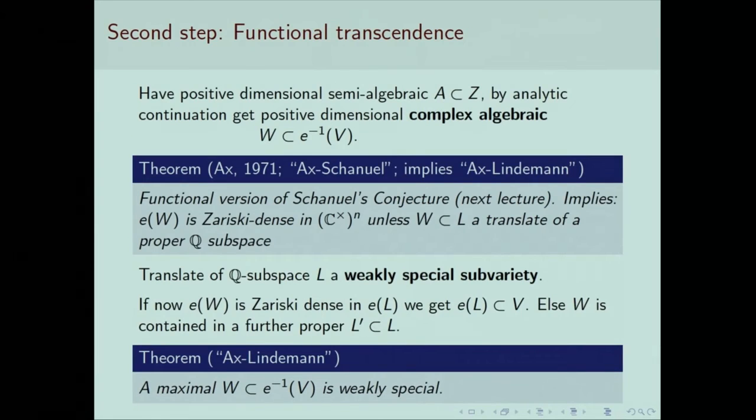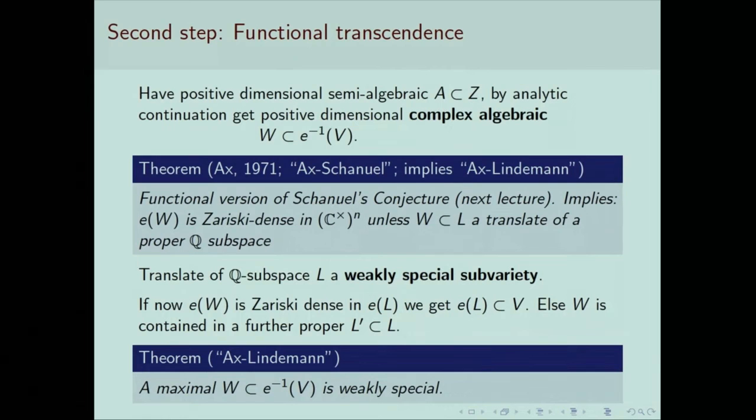So now, once you've got a positive dimensional semi-algebraic set in Z, you observe that this set Z itself is a complex analytic set. And so you can analytically continue this set A, and you'll actually conclude that you get a positive dimensional complex algebraic set W inside the exponential pre-image of your set V. And now, instead of thinking about points, this has become a problem about positive dimensional sets and functional transcendence.